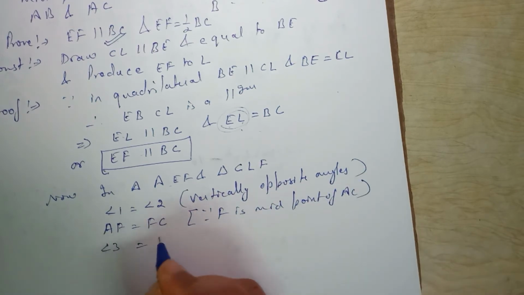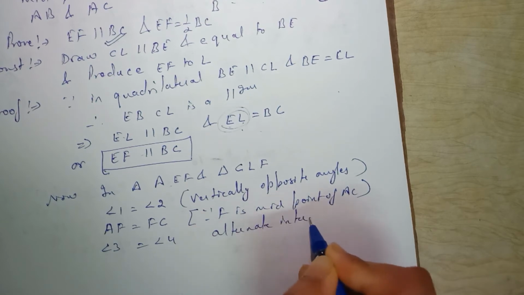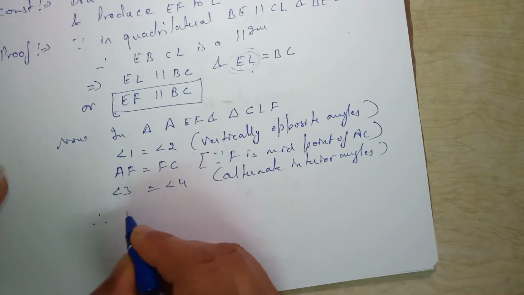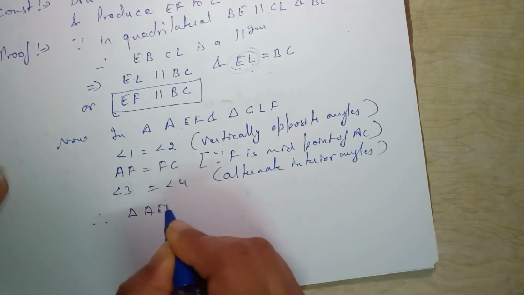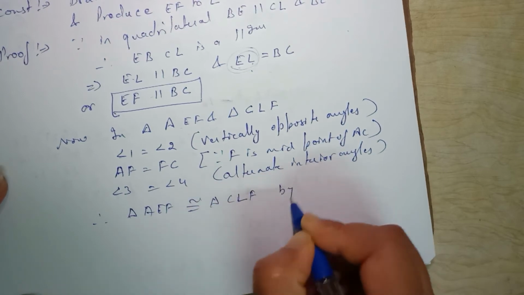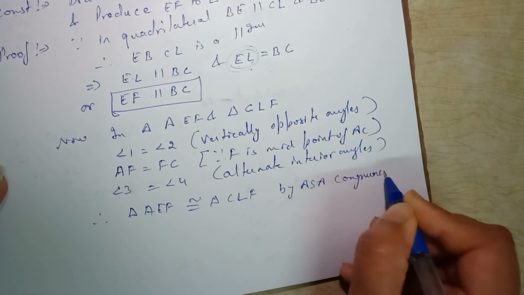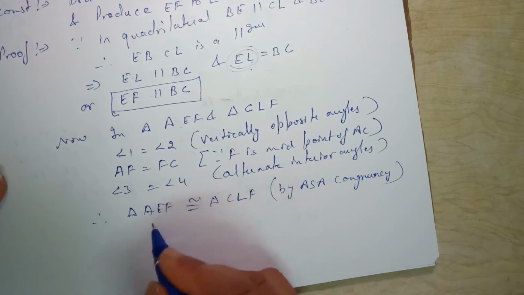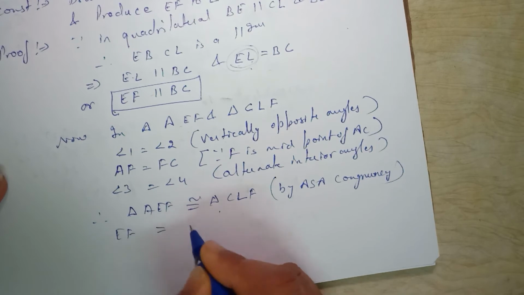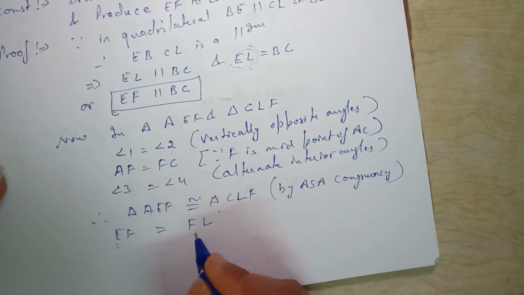And angle 3 is equal to angle 4, alternate interior angles. So therefore we can say triangle AEF is congruent to triangle CLF by angle side angle congruency. And if the two triangles are congruent, then we will say EF is equal to FL.